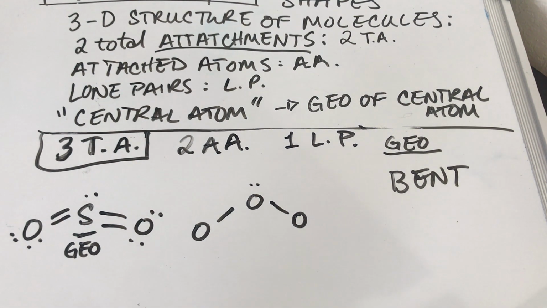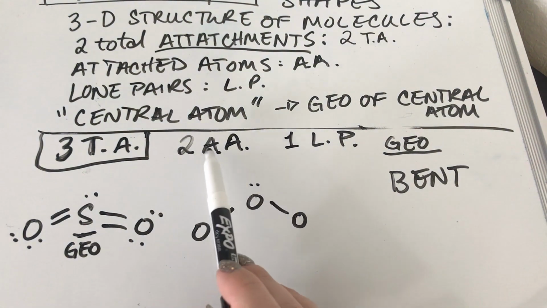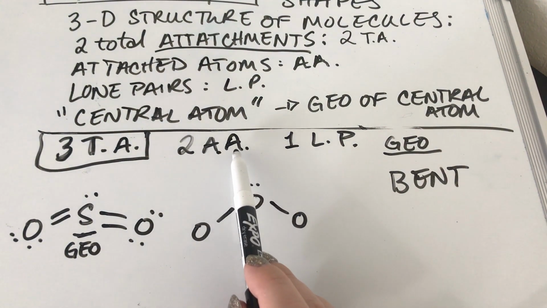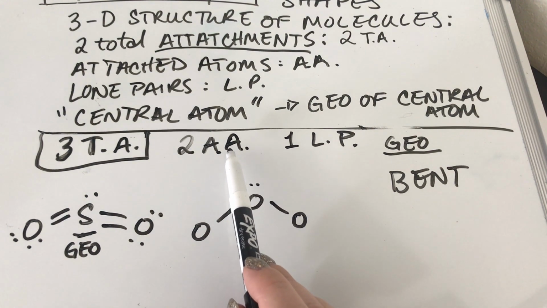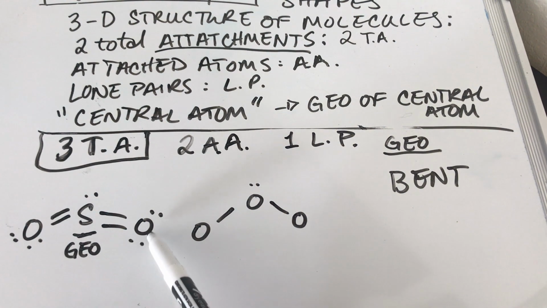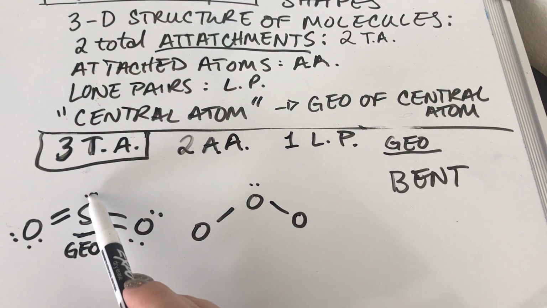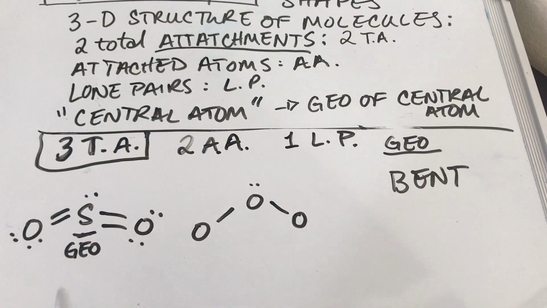So this is another point that I think is really confusing for students. When we're talking about the geometry around the central atom here, we're talking about attached atoms, not the number of bonds, okay? So here we have 2 attached atoms and 1 lone pair. It doesn't matter that these atoms are attached with double bonds, single bonds, triple bonds, any of that.